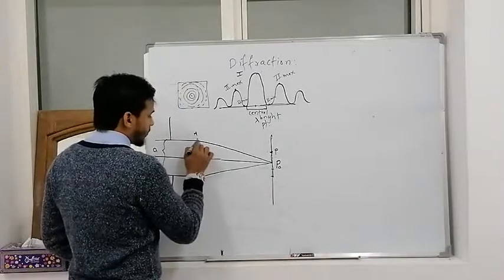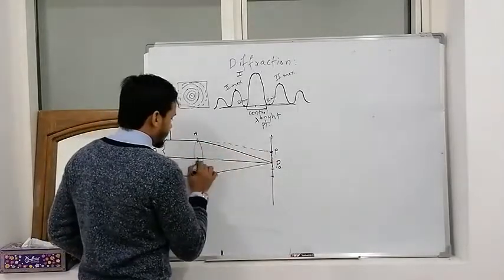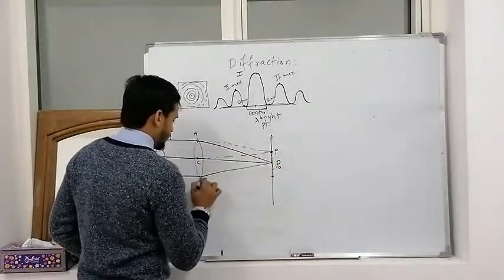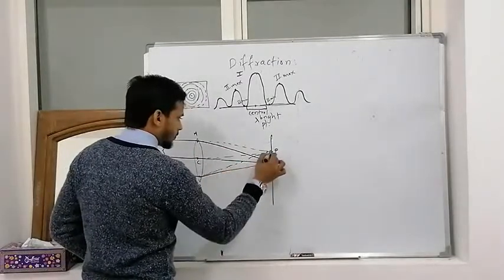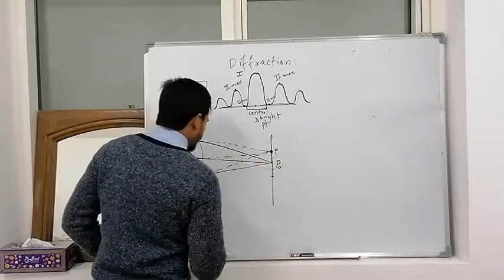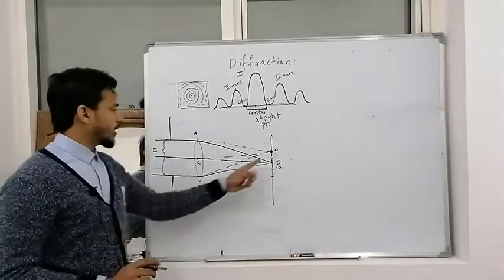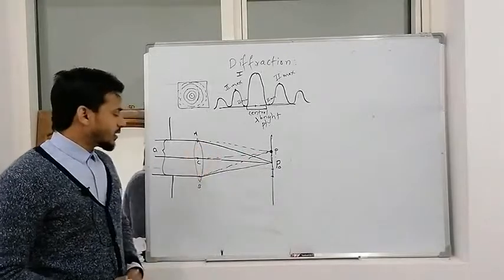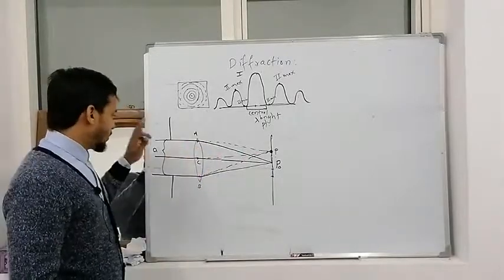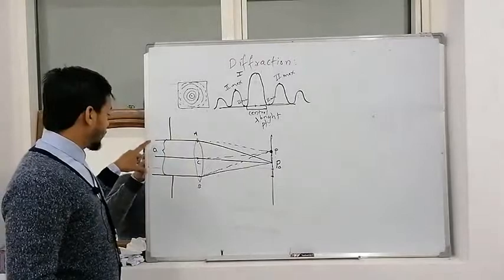So here the rays will come like this. Did you understand the diagram? We have used one slit.